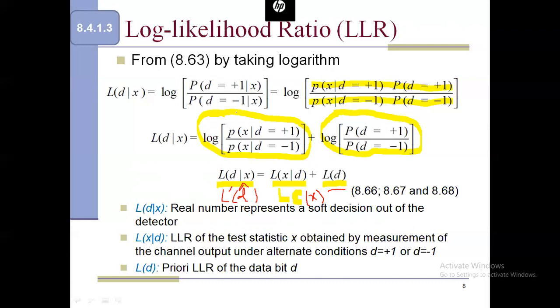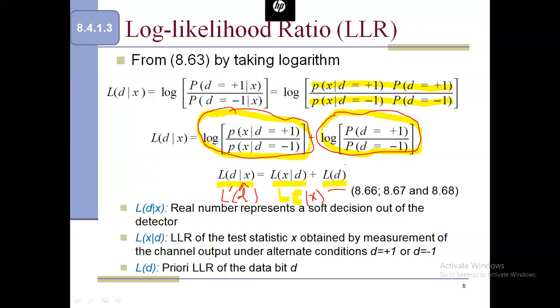So this term is the channel stats, and that is the prior knowledge of the data bits.